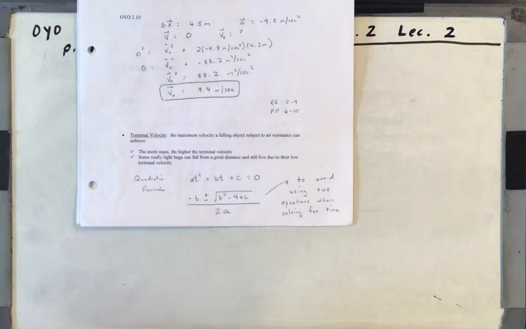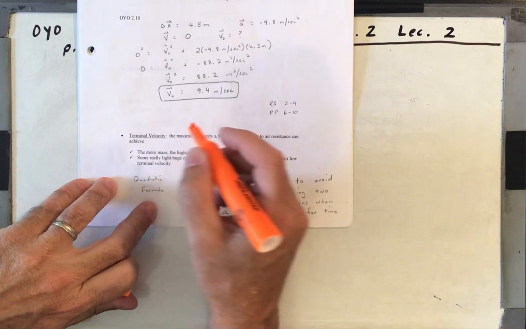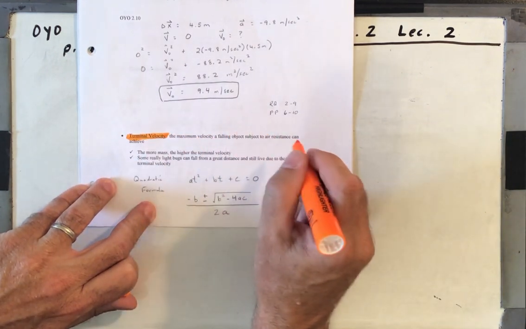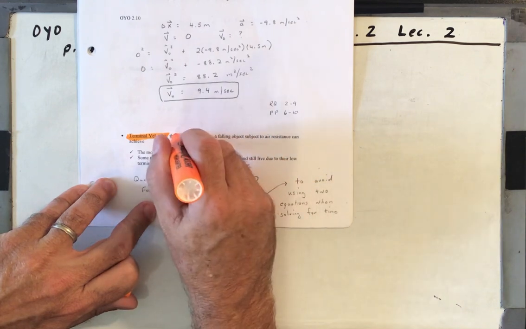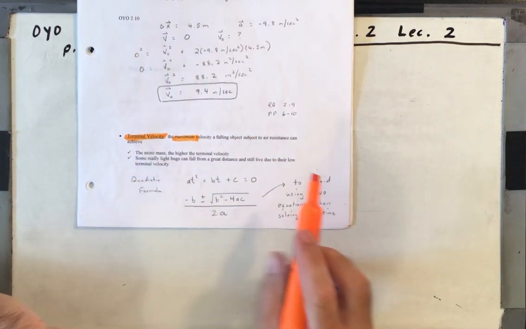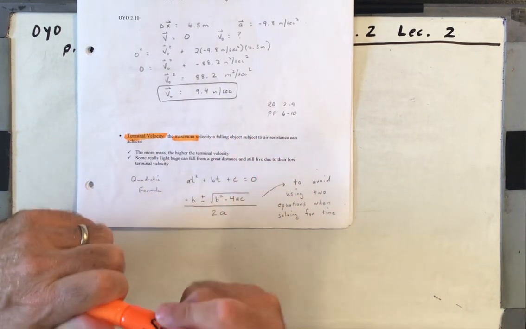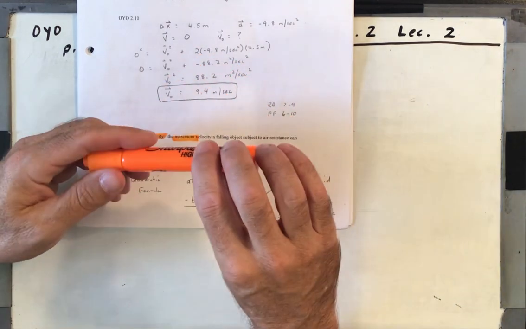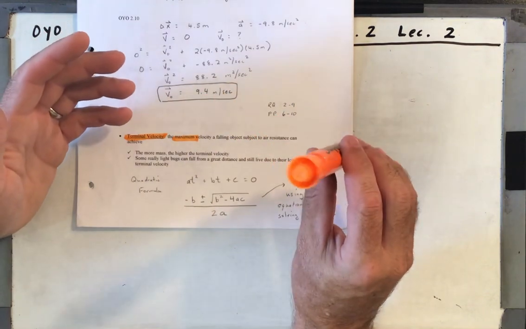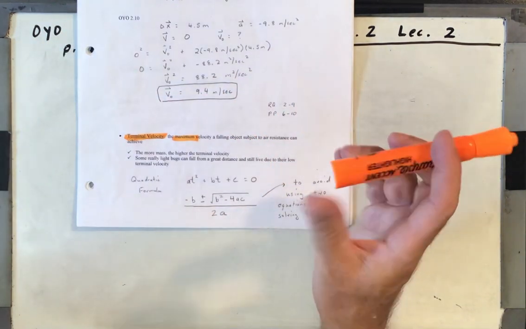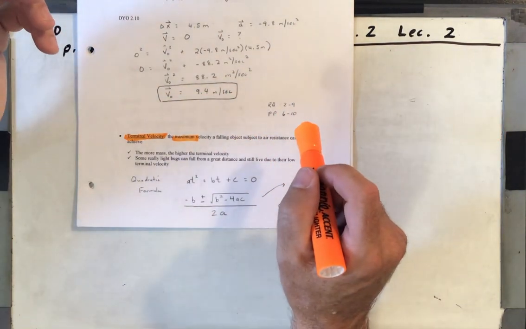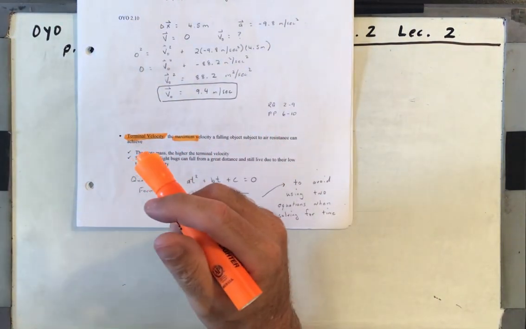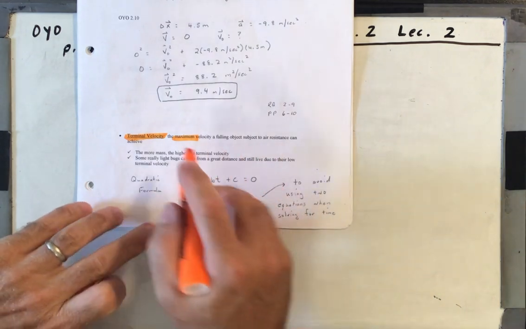Terminal velocity is the maximum velocity a falling object is subject to. Okay? And that's due to air resistance. So if you're a skydiver and you're jumping out of a plane, your body has a lot of air resistance. It runs into the air molecules on the way down. So that's going to keep your velocity from just constantly increasing.